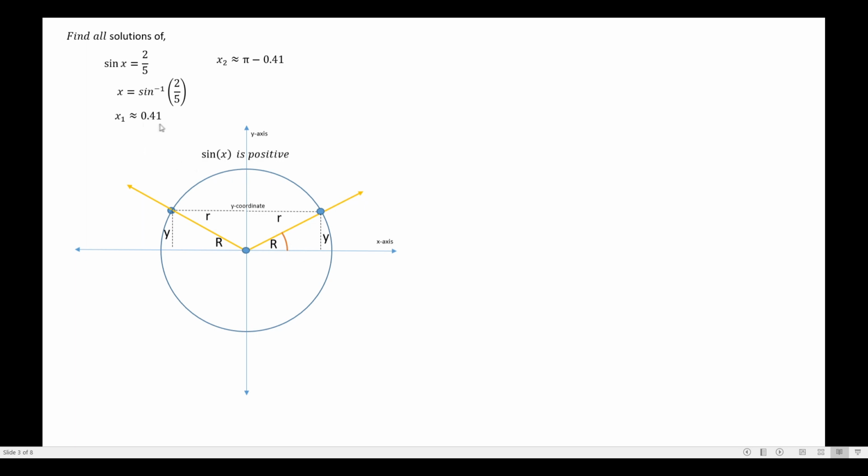If you will convert this into a degree measurement, this is actually an acute angle. So obviously, this is representing this illustration here in quadrant 1. Now for the second quadrant, we have to find the angle in standard position using the reference angle, because obviously this 0.41 is the reference angle, and so this is equivalent to this angle here in quadrant 2.